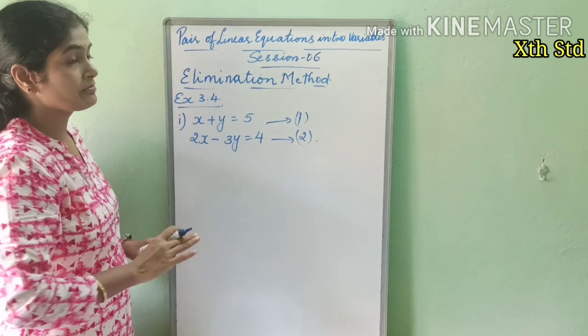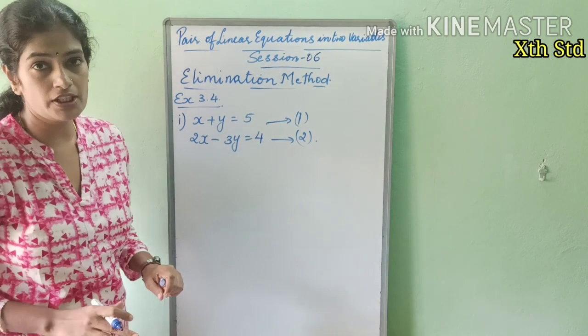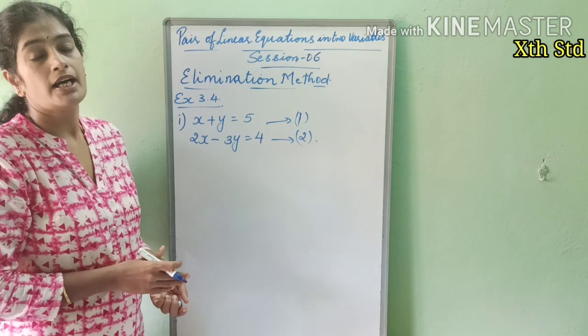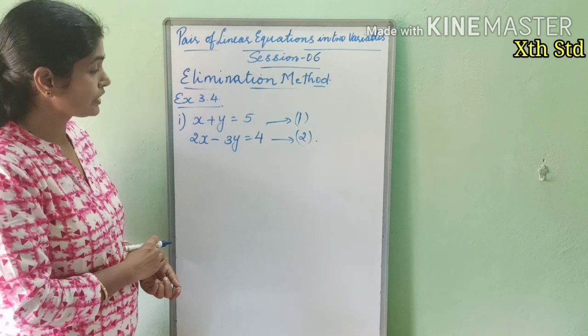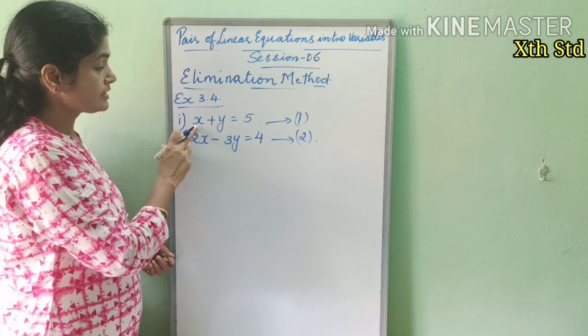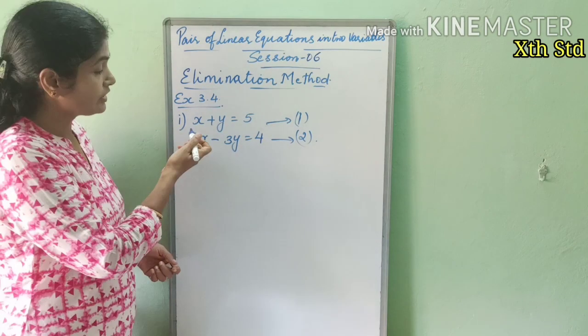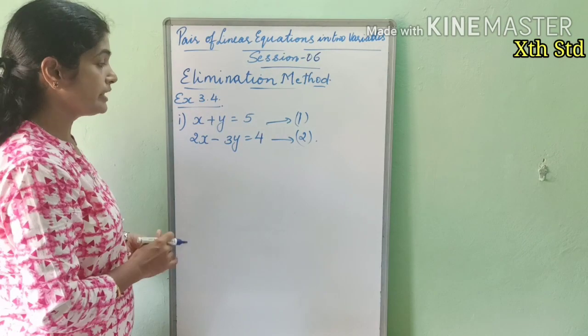Now the elimination method says that you can eliminate any one of the variables and reduce the equations into an equation in one variable and solve it. Here the variables are x and y, so either we can eliminate x or we can eliminate y. How to eliminate it?